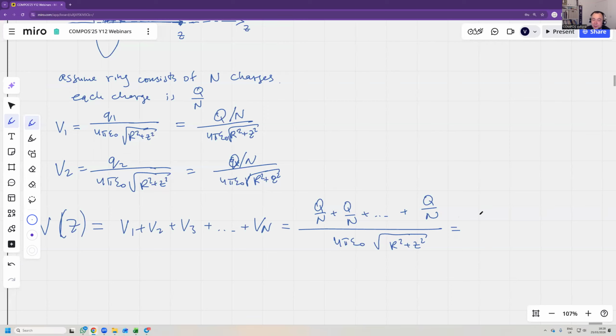And if you add these up, you just get Q, because this is n times. So it's Q over 4 pi epsilon naught square root of r squared plus z squared.